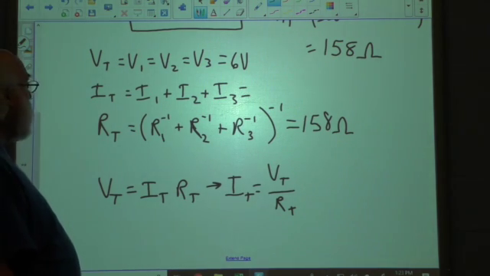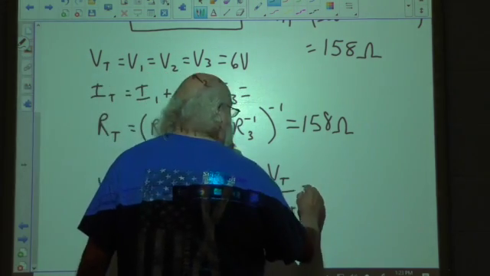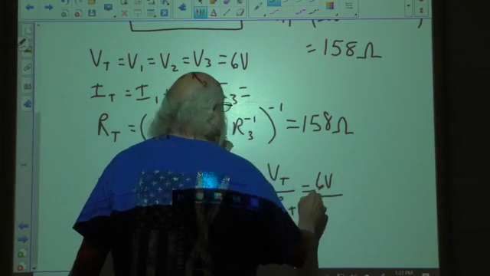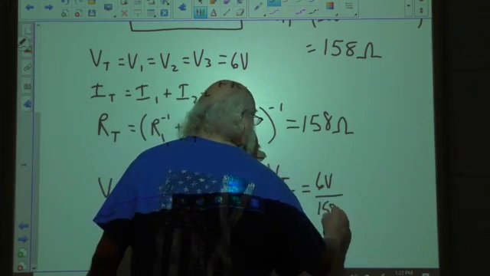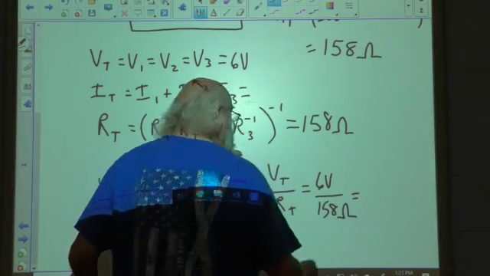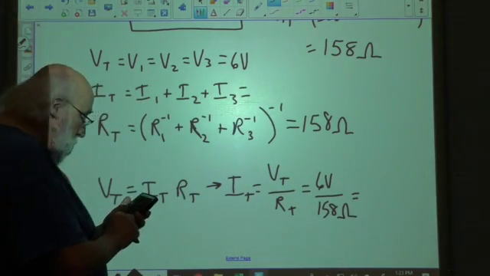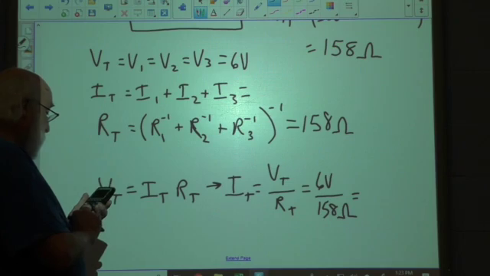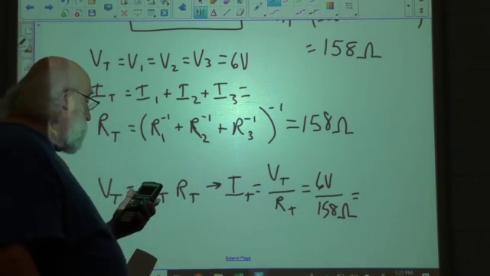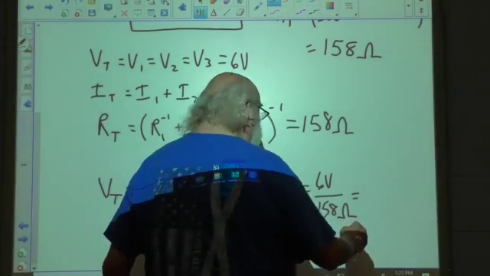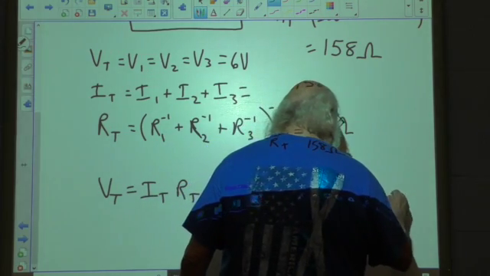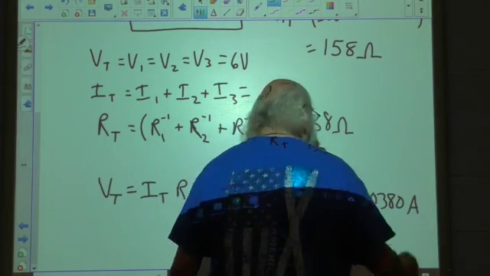Plug in for V total, and we said that's 6 volts. R total is 158 ohms. So we divide 6 by 158, and we get 0.0380, rounded off to 3 sig figs, amps.